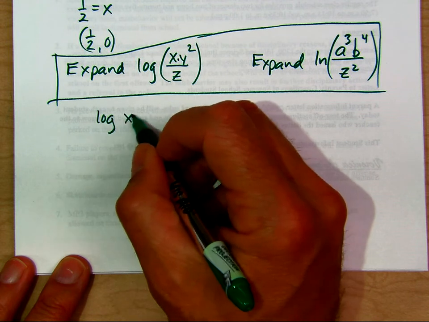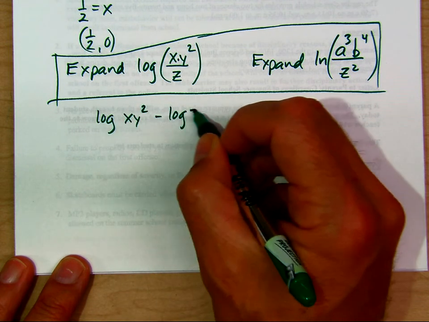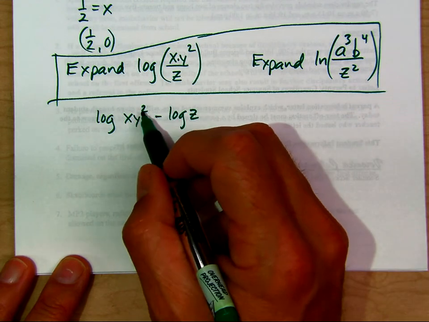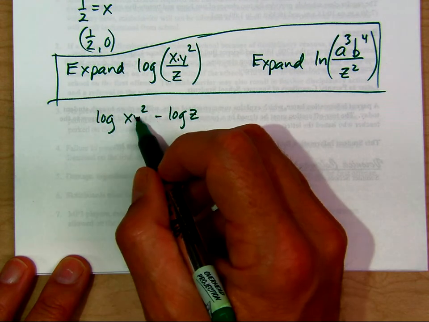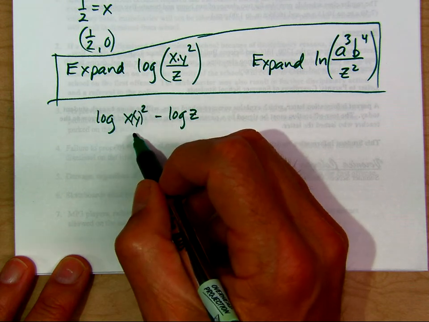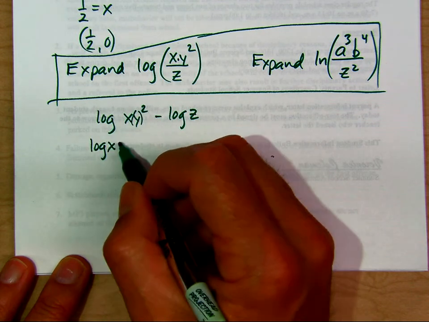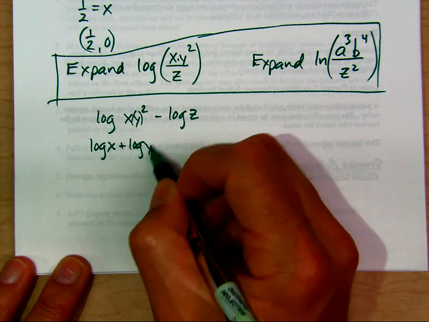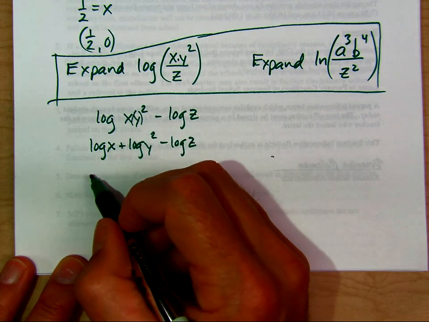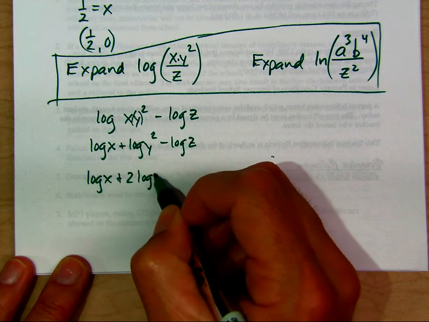Log of xy squared minus log z. It would be a mistake to put the 2 out right now because the 2 is only on the y. We don't have 2 on the whole argument. So now we're going to break that up as log x plus log y squared, and now we can move the 2 out as a coefficient.